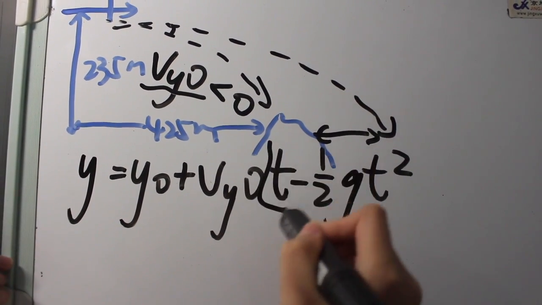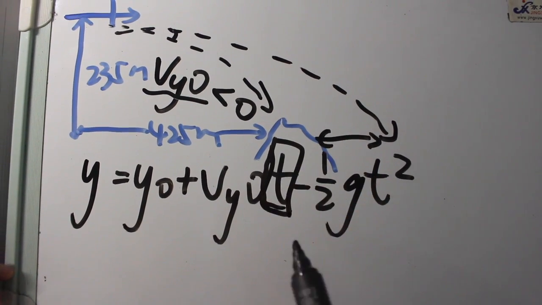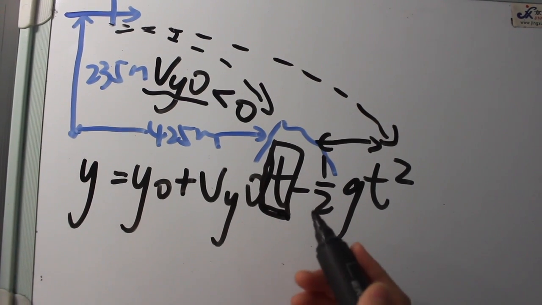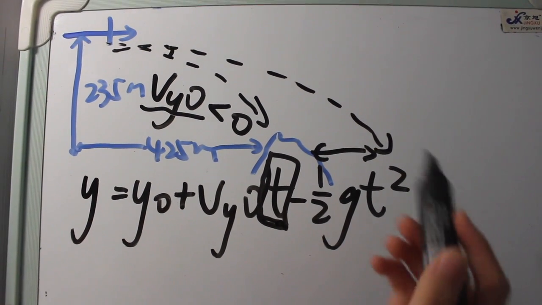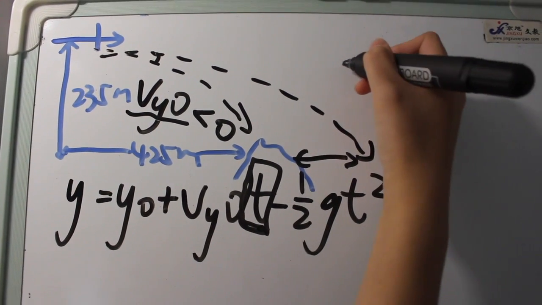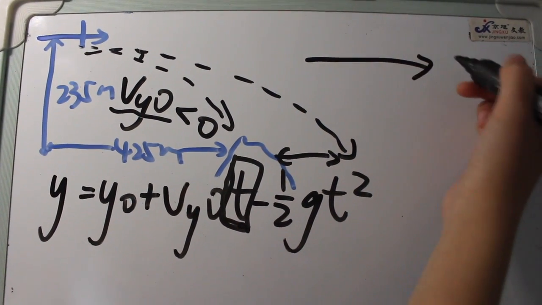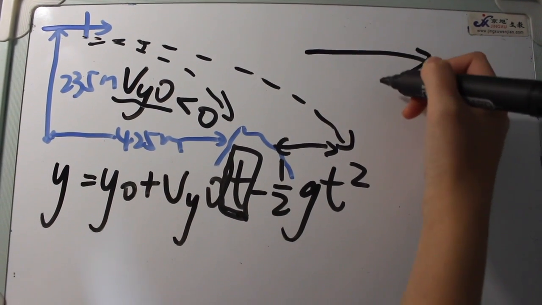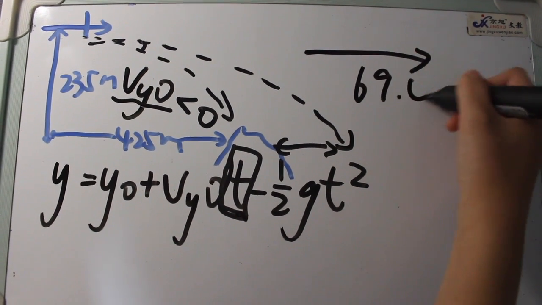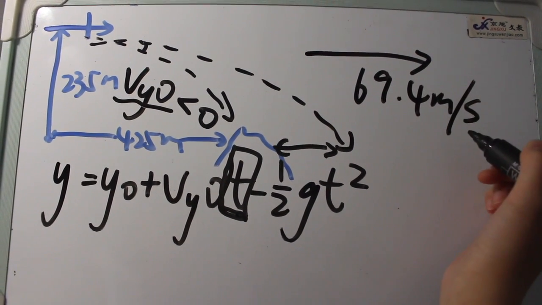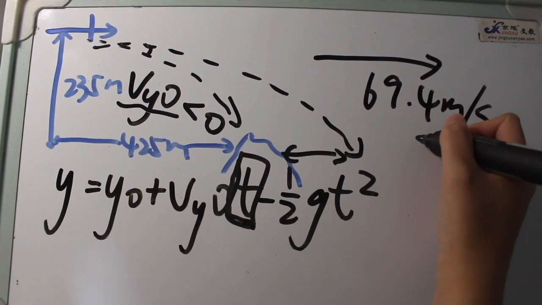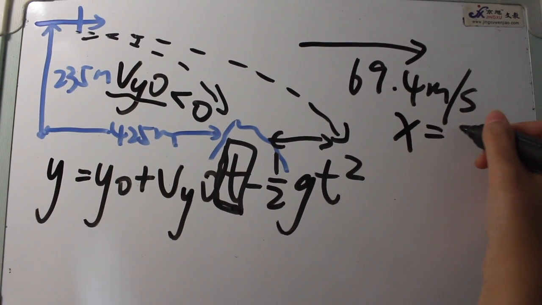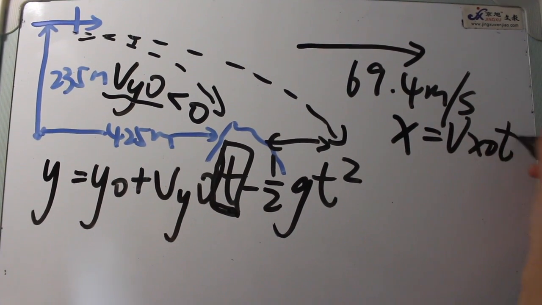But we don't know t. However, we can know t from another formula. Because the plane is flying horizontally with a constant speed of 69.4 meters per second, we can know t from this. X equals Vx0 t.